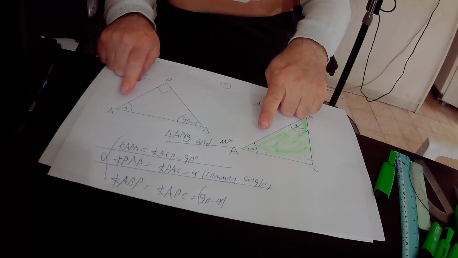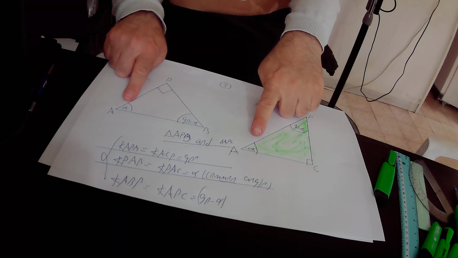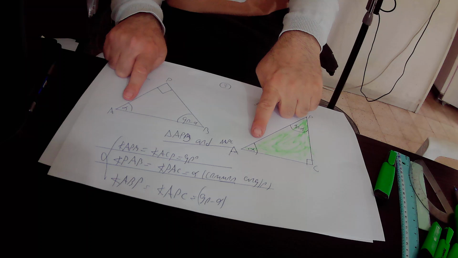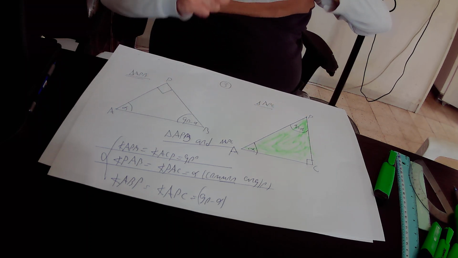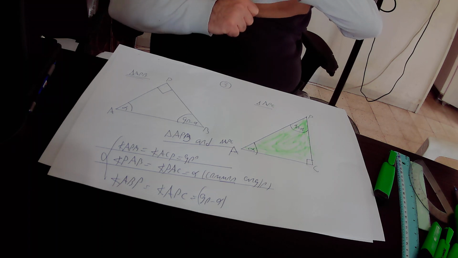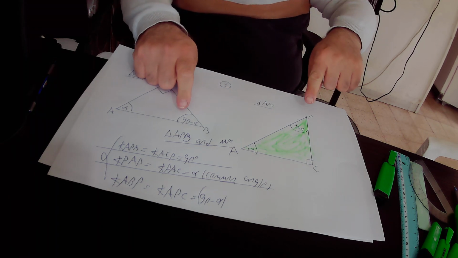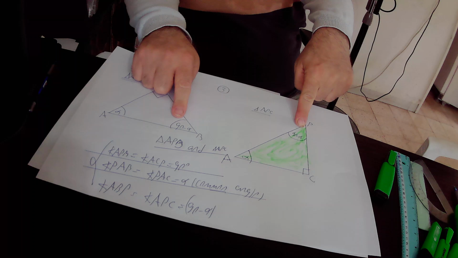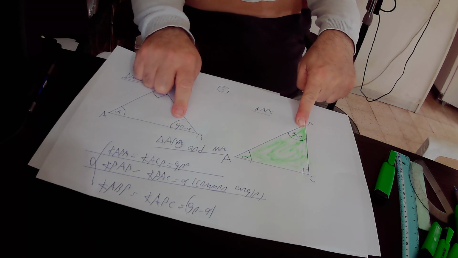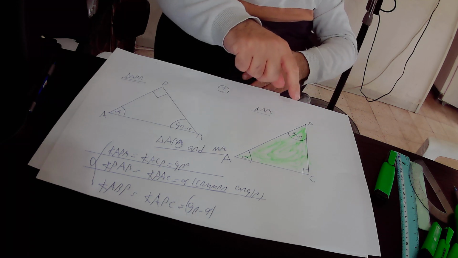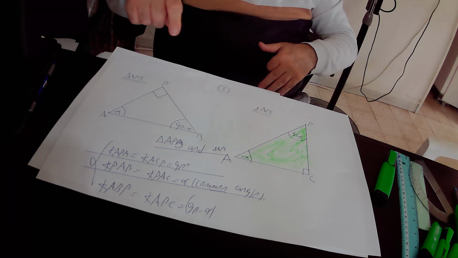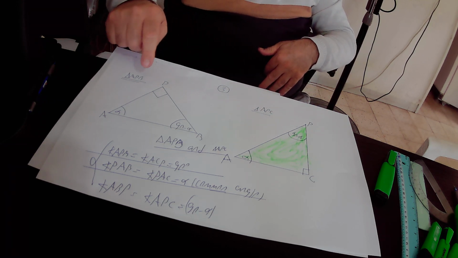In addition, this is angle alpha, a common angle that belongs to both triangles. So we can write down that angle alpha equals itself, a common angle that belongs to both triangles. And finally, those two angles are both equal to 90 degrees minus alpha, therefore they are equal to each other. So we proved that all the angles in the green right triangle APC correspond equally to all the angles in the right triangle APB.